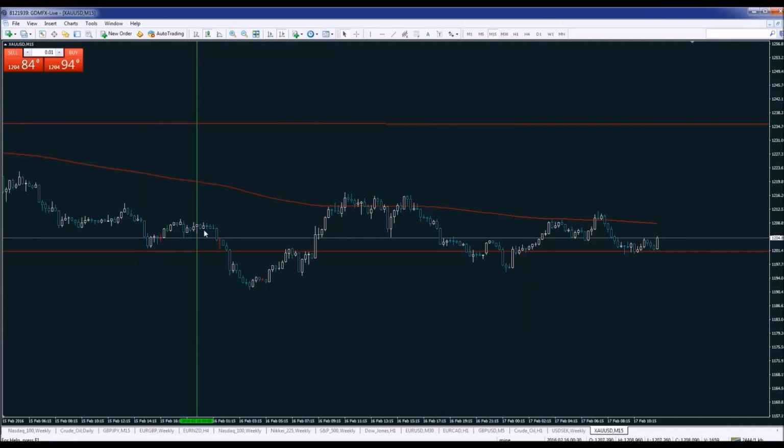So, comparing this system to higher risk level systems, this system is not going to allow you to trade the whole range, but it's going to give you a partial profit, with an accuracy of up to 90%.